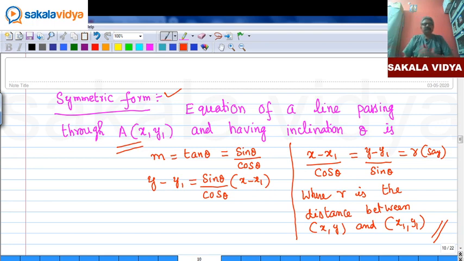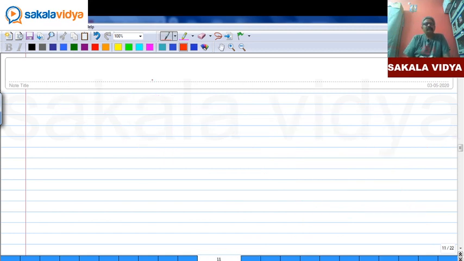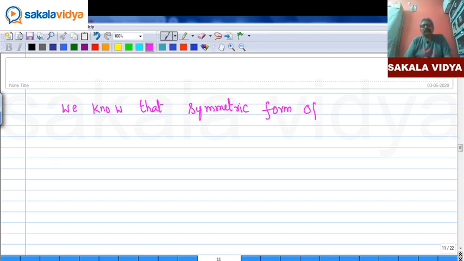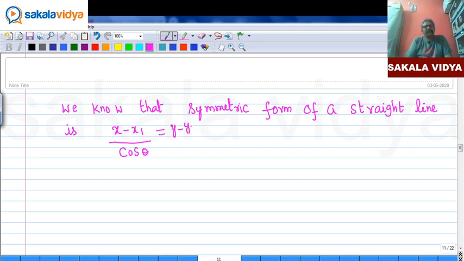Okay, next. So, we know that the symmetric form of a straight line is x minus x1 by cos theta equals y minus y1 by sin theta.